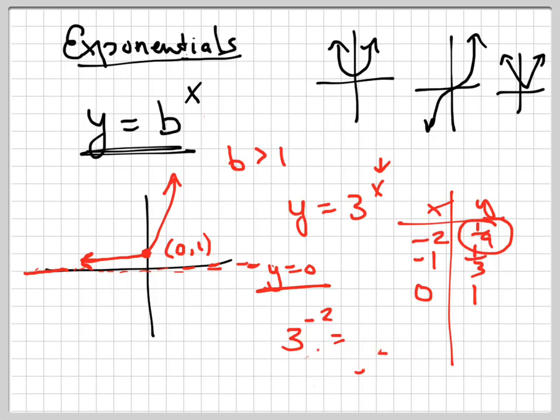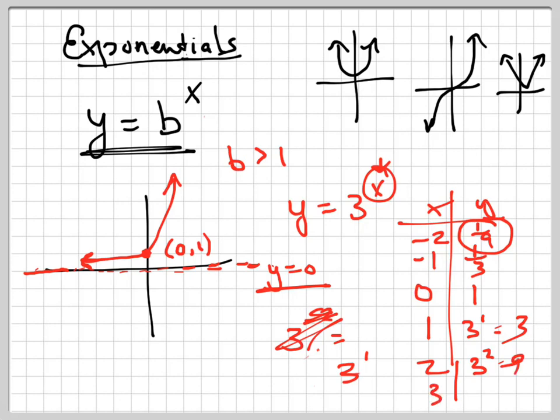When I punch in 1, 3 to the 1 is just 3. When I punch in 2, 3 squared is 9, and 3 cubed is 27, etc. It goes up exponentially. Have you heard that phrase ever? That's where it comes from, because it just skyrockets up.